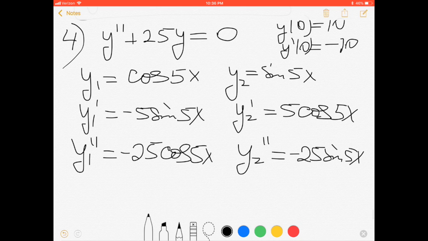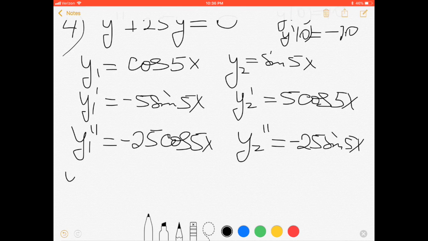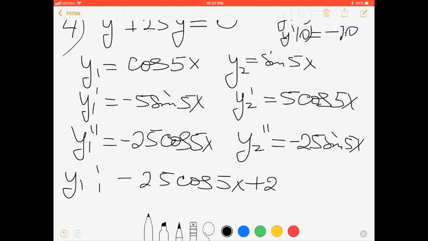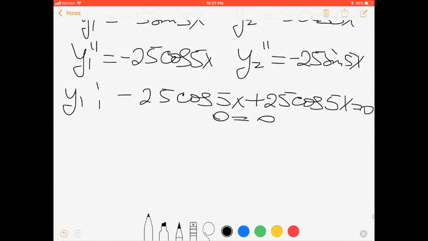Okay, I am prepared, and now I start plugging in. Checking function y1. Second derivative minus 25 cosine 5x plus 25y, this means y1, 25 cosine 5x. Needs to equal 0. Yes, 0 equals 0, right.